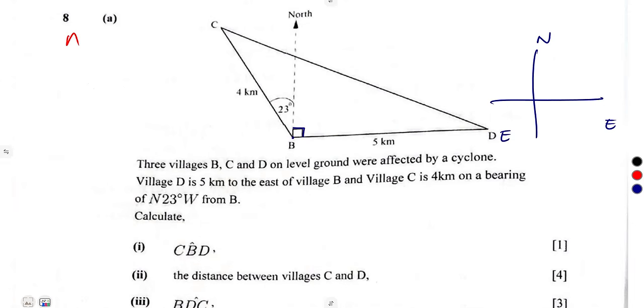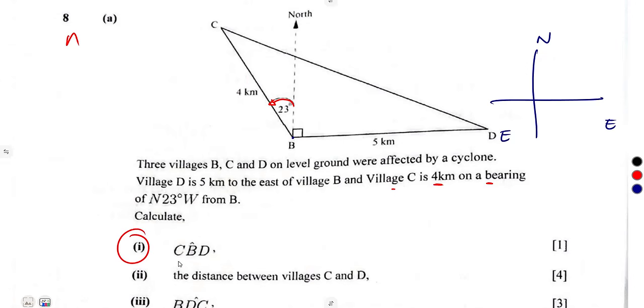That's why you see the 90 degrees there. Village C is 4 kilometers on a bearing of north 23 degrees to the west, going to the west, which is this one, from B. So that's where village C is, 4 kilometers.